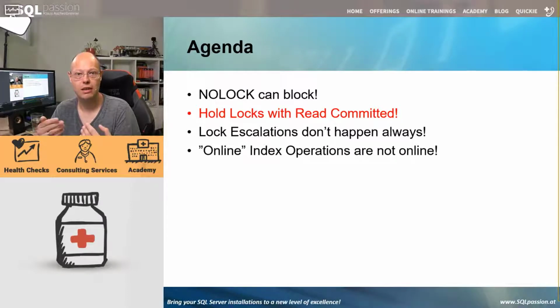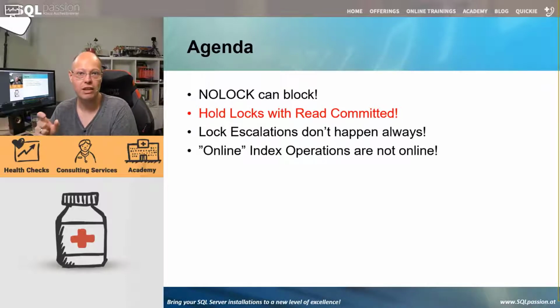Repeatable read, as the name implies, gives you so-called repeatable reads. That means when you're reading a row multiple times within your transaction, you're getting the same row version over and over again. Internally, it's quite easy to achieve that result.